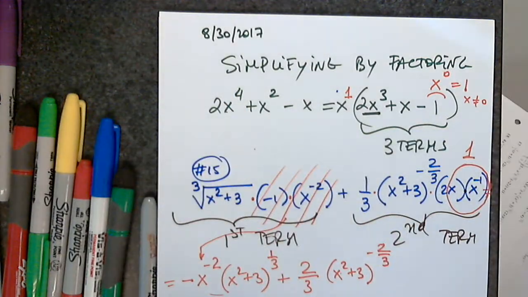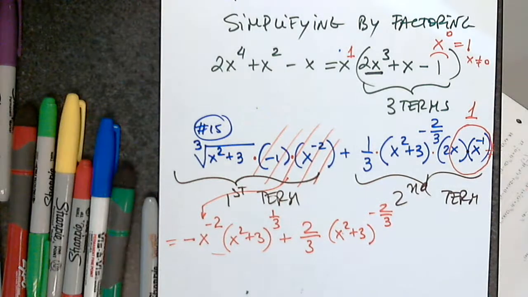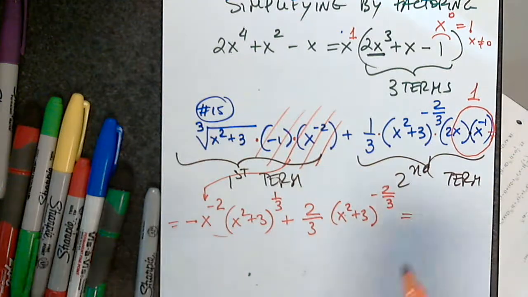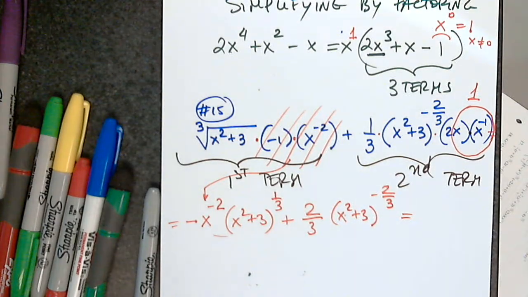Okay, now I'm here. Can anyone tell us which common factors or which common factor these two terms have? Forget about the power. I just want you to say the common factor is blah.